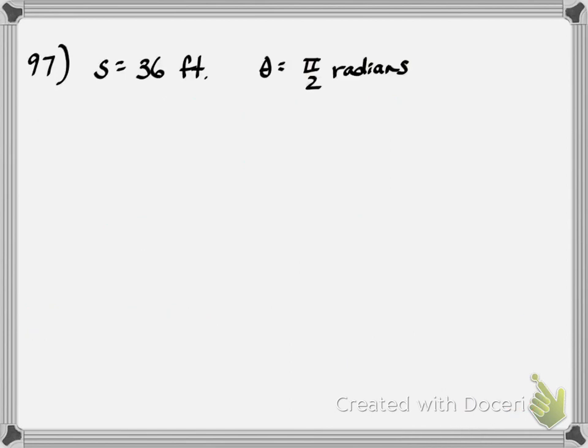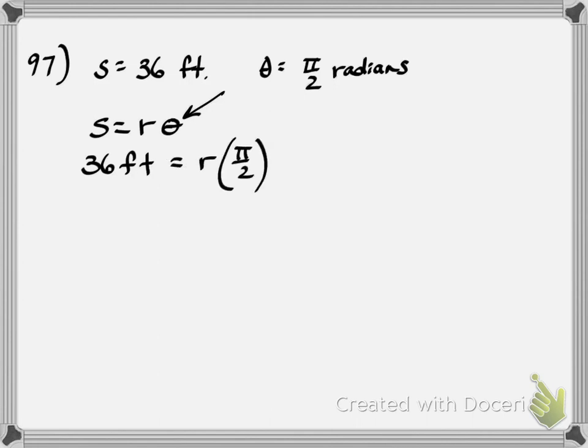Number 97 gives us the arc length of 36 feet and the central angle of pi over 2 radians. And it says find the radius of the circle. So again, we're going to use S equals r theta. The main thing you need to remember about this is that theta must be in radians. So this time we know the arc. We do not know the radius, but we do know the angle. And we just need to solve it to get the r by itself.